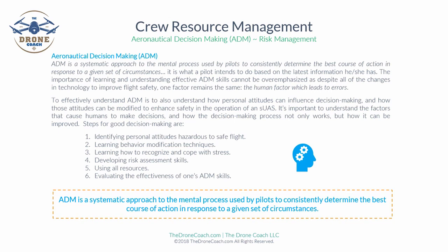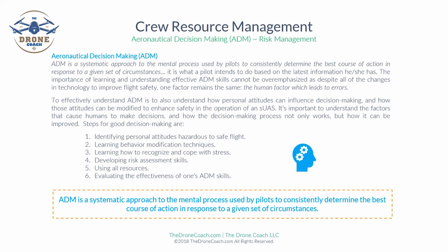Now, to effectively understand ADM is to also understand how personal attitudes can influence decision making and how those attitudes can be modified to enhance safety in the operation of your small unmanned aircraft. It's important to understand the factors that cause humans to make decisions and how the decision-making process not only works, but how it can be improved.